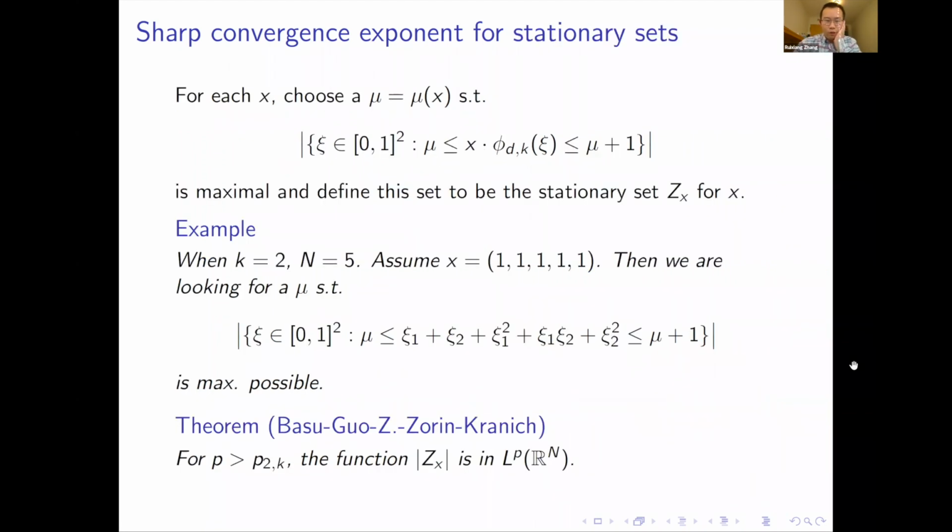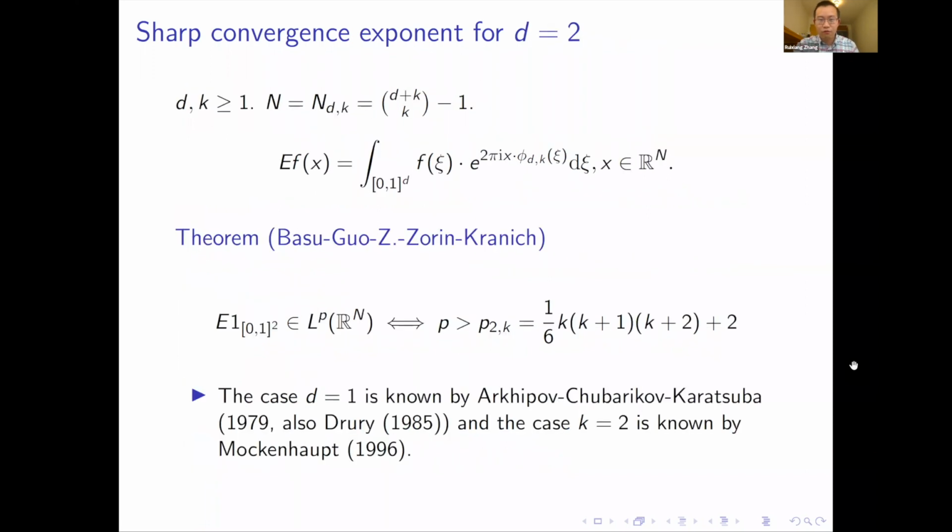Okay, so as an application, maybe let's think about what we want to do if we were to apply our main theorem to this problem. Then we can replace the oscillatory integral, which is E of 1, at any given point, because at any given point x, if you look at x dot product with this phi as in the definition, then that's a polynomial of degree less than k.